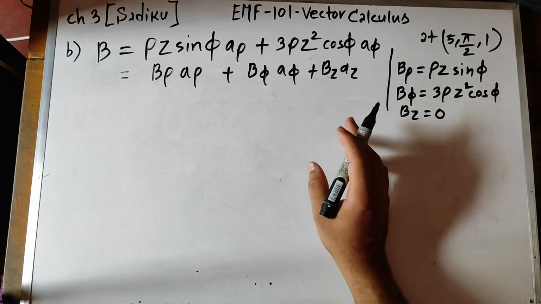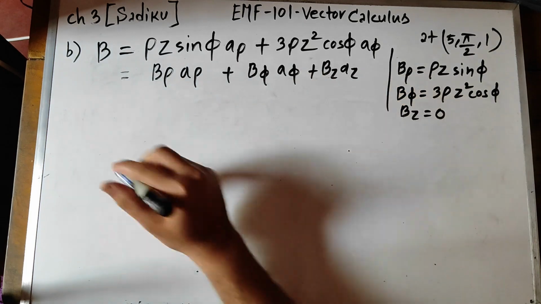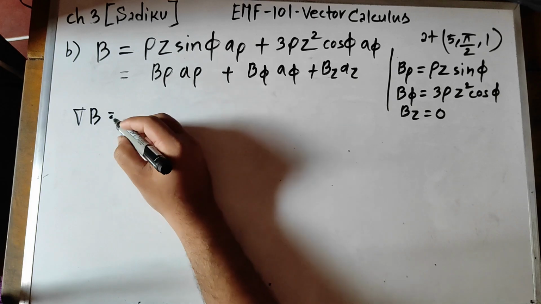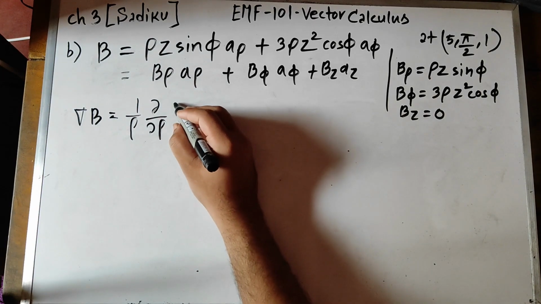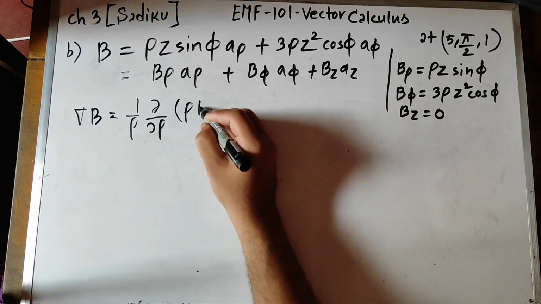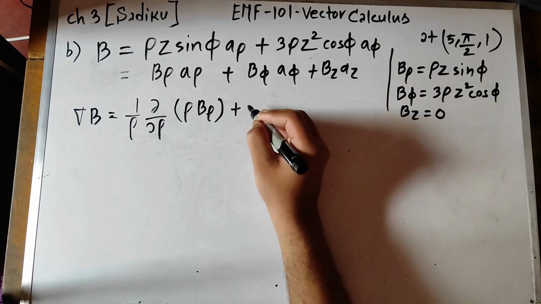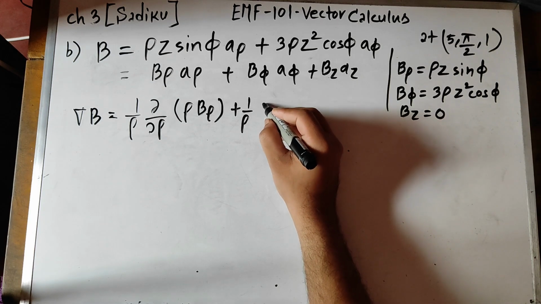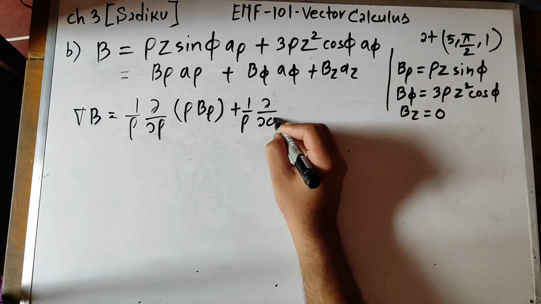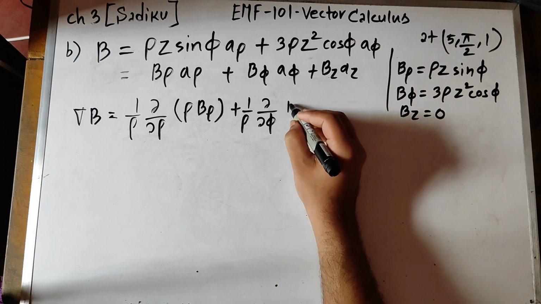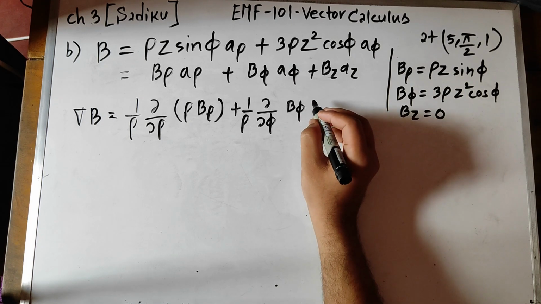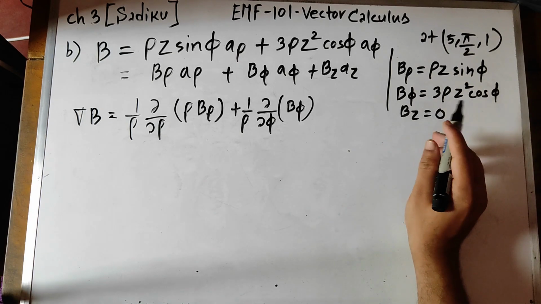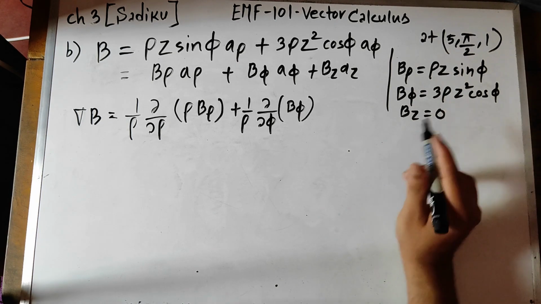Now the second vector field is this, and we have to take the divergence of it in the cylindrical coordinate system. So partial differentiation with respect to rho of b rho plus 1 by rho partial differentiation with respect to phi of b phi, and bz is 0, so there is no partial differentiation with respect to z.